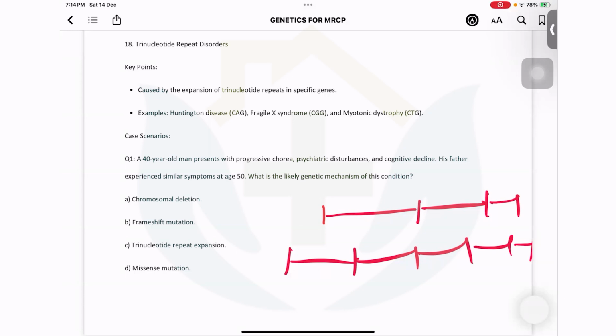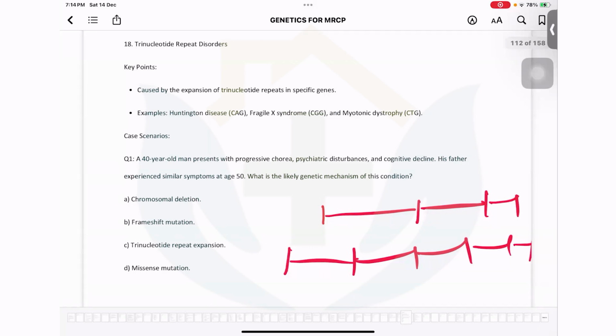A 40-year-old man presents with progressive chorea, psychiatric disturbance and cognitive decline. His father experienced similar symptoms at 50. What is the likely genetic mechanism? Trinucleotide. Very good. And what is the diagnosis? Huntington's. And what is the trinucleotide repeat?